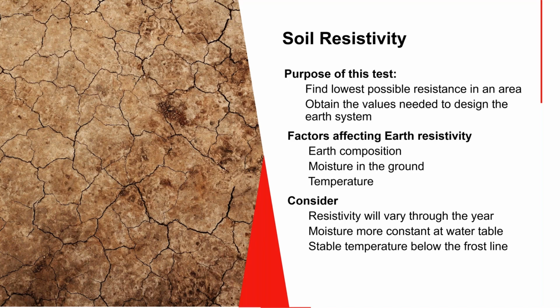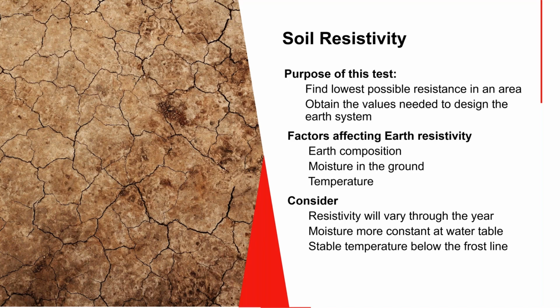So we'll talk about how resistivity varies throughout the year. One important thing is the water table. If you're installing a ground, now deep-driven grounds are expensive, and so you may not have the luxury of doing that. But if you do, if you can hit the water table, you can establish a pretty reliable, steady ground through the year by tapping into the water table.